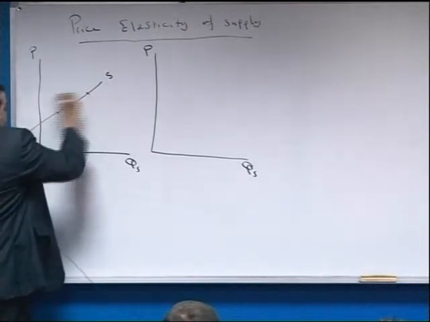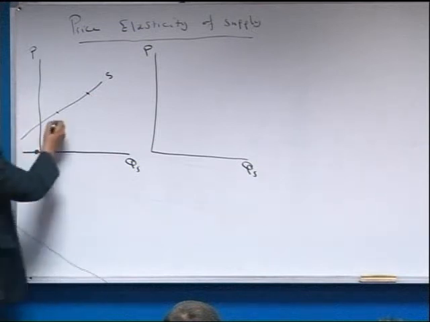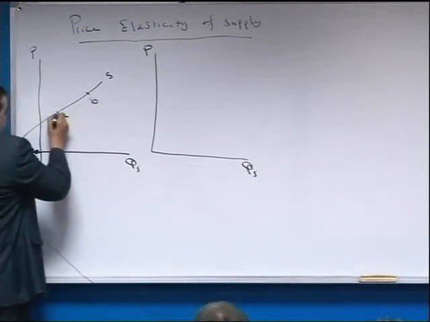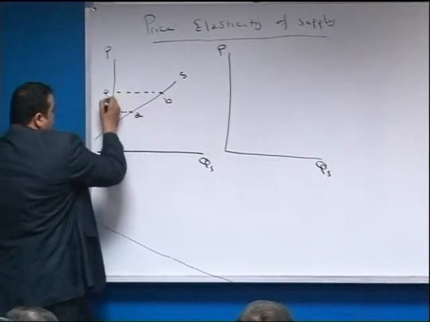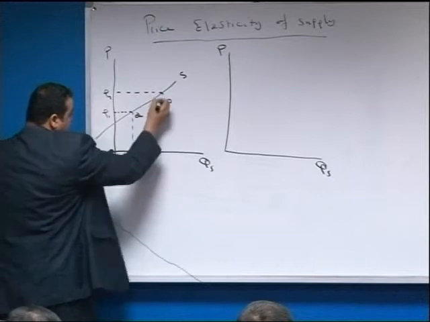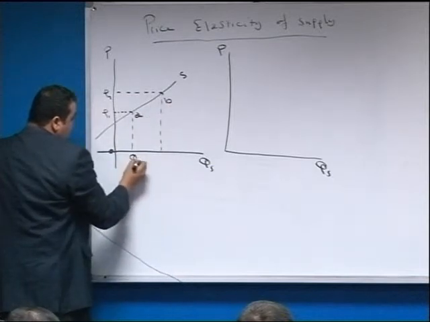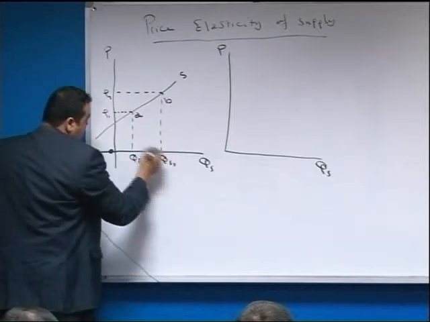Suppose that we have 2 points, point A and point B. This is P1, P2, QS1, QS2.